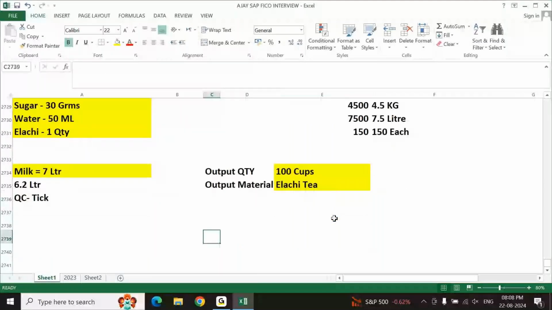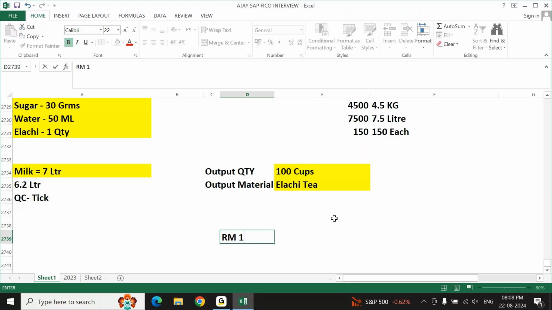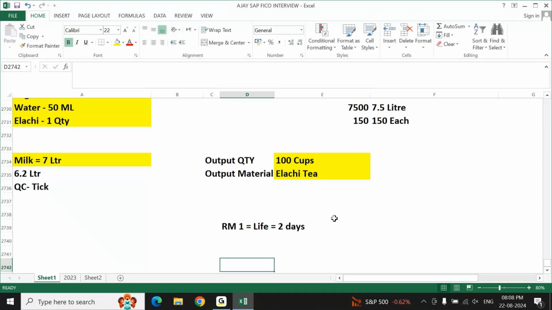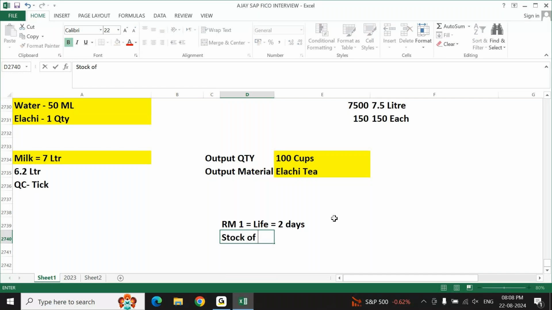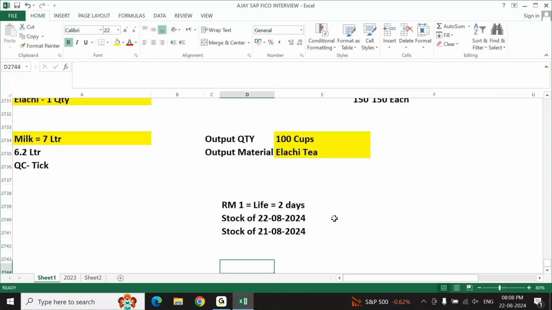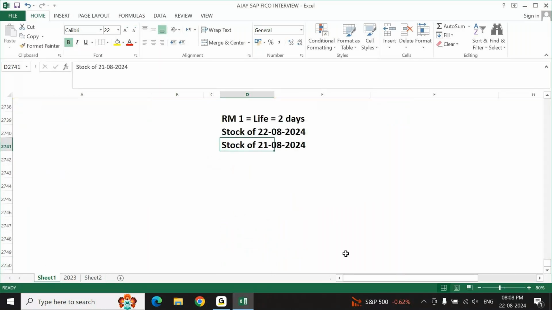Let's say there is a raw material, raw material 1. Its life is equal to 2 days. I have stock of today. I have stock of yesterday. Clear?